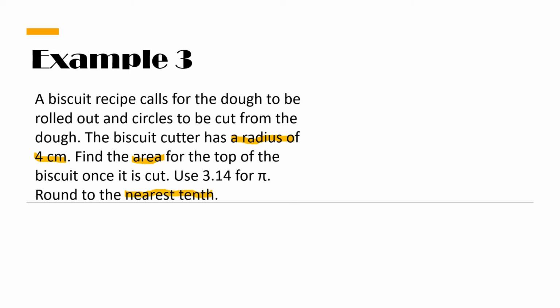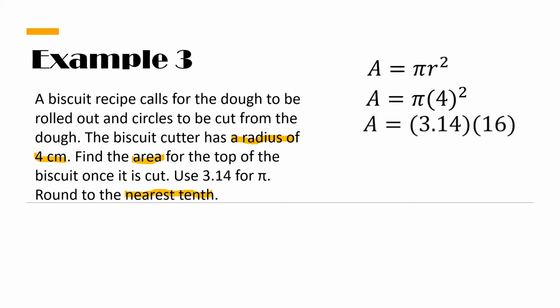All right, so in this case, I'm going to use area equals pi r squared. I'm going to sub in my radius of 4. And I'm going to remember that 4 squared is 16. This is a very common mistake when we're dealing with the area formula. A lot of kids think that's 8, but that's 4 times 4, which is 16.